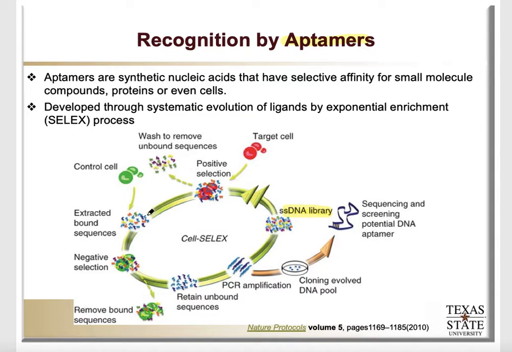We have already removed the ones that didn't bind, and we're going to take the ones that did bind. And what we're going to do now is a negative selection step in which we're going to try to remove the ones that bind to some competing molecules.